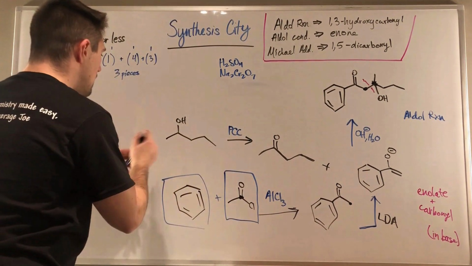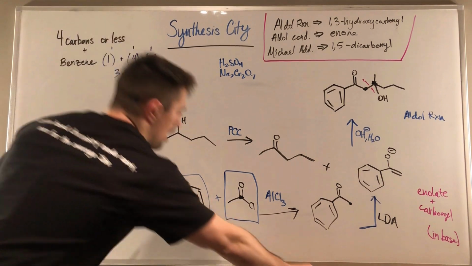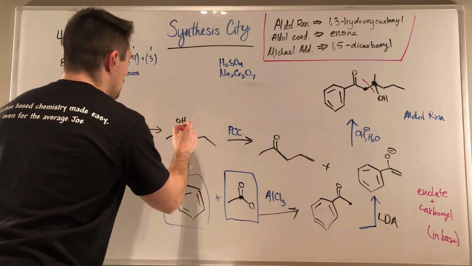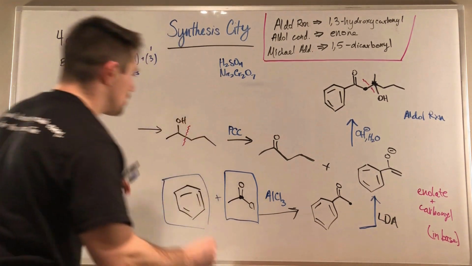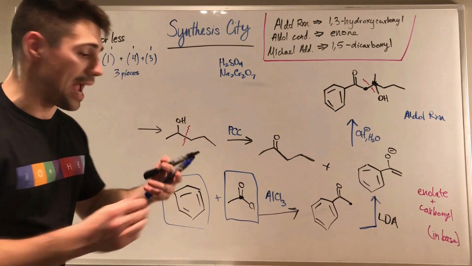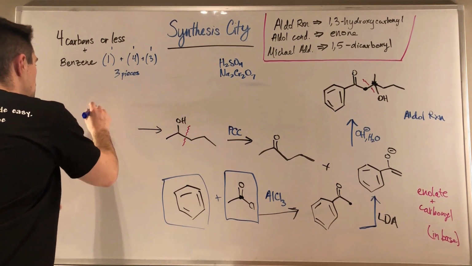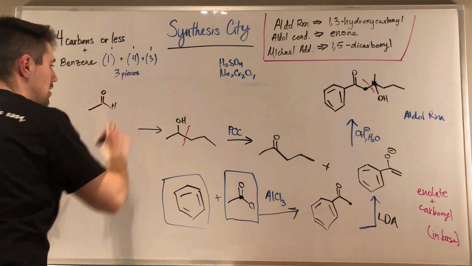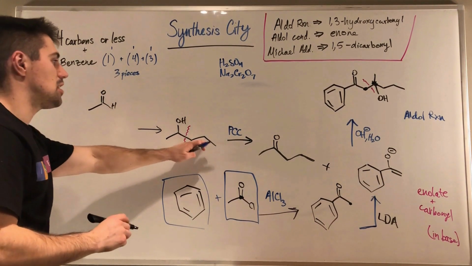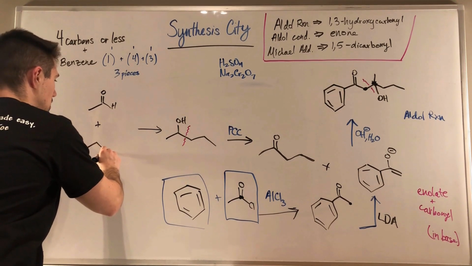So now, this is something that we can actually cut. And if I cut it right here, I can draw 2 individual pieces of a Grignard reaction. So if I were to do, there's my carbonyl, 2-carbon piece right here, and then I need to draw a 3-carbon Grignard.